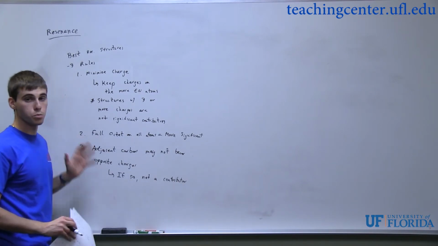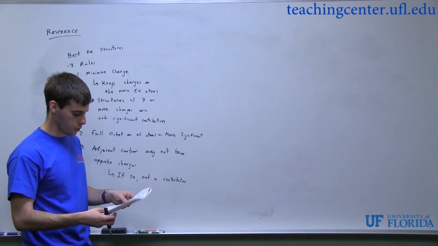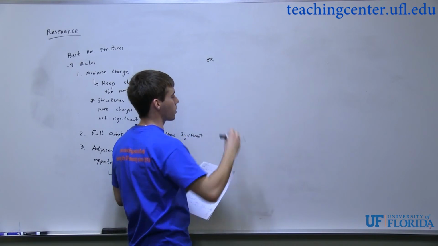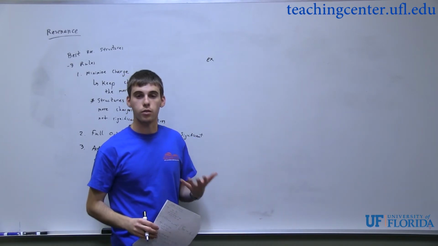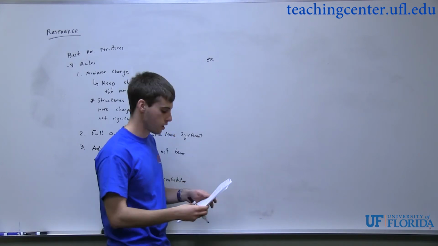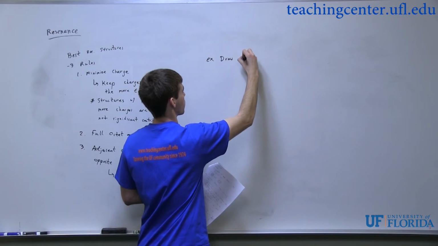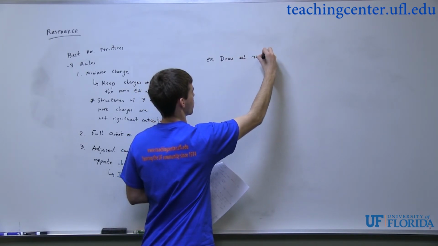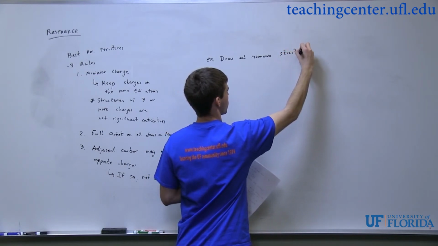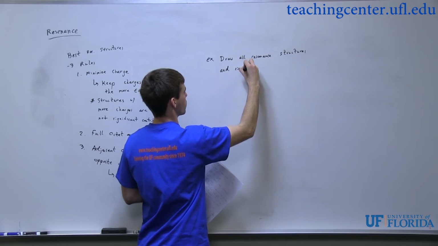All right, so with these rules in mind and keeping those resonance patterns in mind, we can put it all together and do an example. This is something that will most likely be on the first exam. This is a really important concept. So draw resonance structures and circle the major contributor.